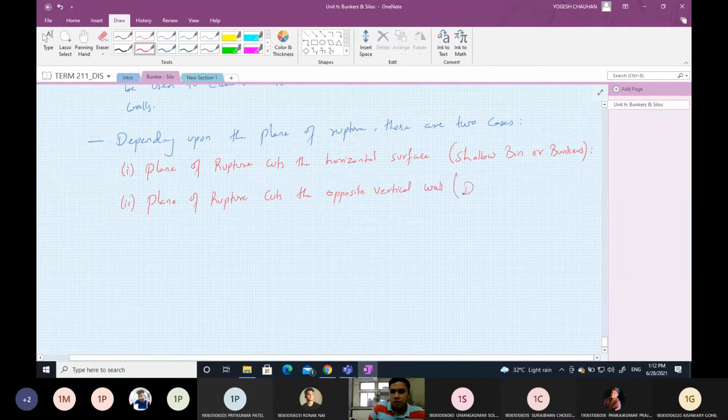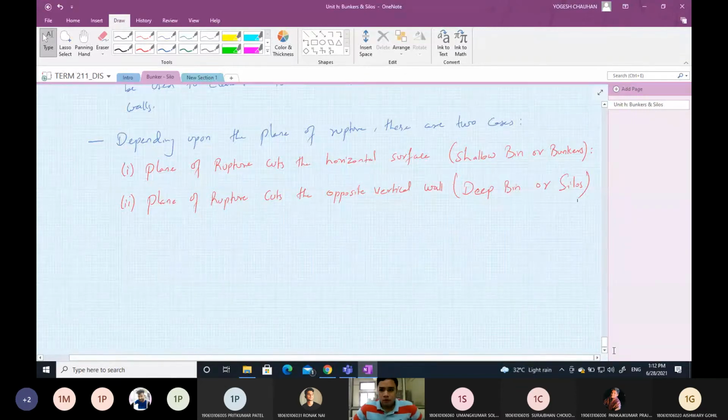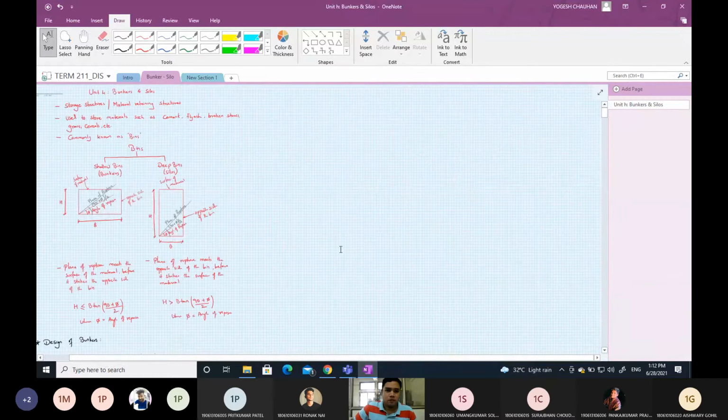And this is the case of deep bins, or we call this as silos. Means in the first case, the plane of rupture cuts the horizontal surface, and in the second case, the plane of rupture cuts the opposite vertical wall. That is the case of silo.